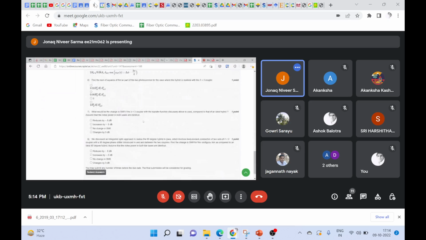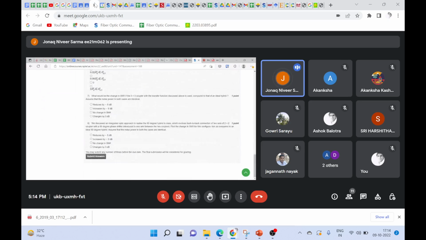And for SNR, all of these things we are arranging are in the optical domain. At the end of it, we will detect using our photodetectors, and most of the noise will come from that. So when you are asked to compare the SNRs of the two cases, just see how the signal power has changed and assume that the noise has remained constant.